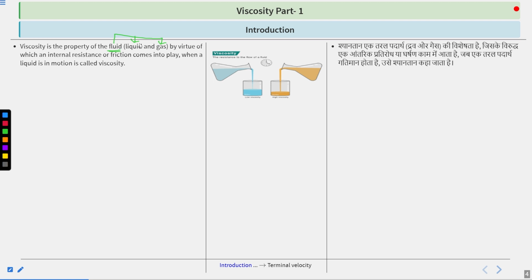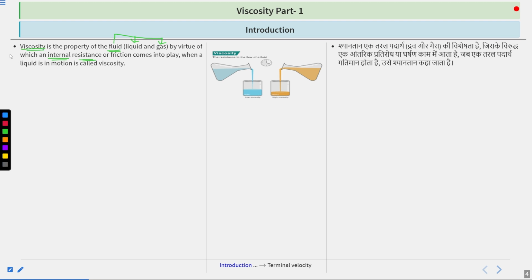In layman terms, whenever a liquid or gas is in motion, it has different layers. Their different layers possess internal resistance of friction while in motion, and this property of a liquid or gas is known as viscosity.